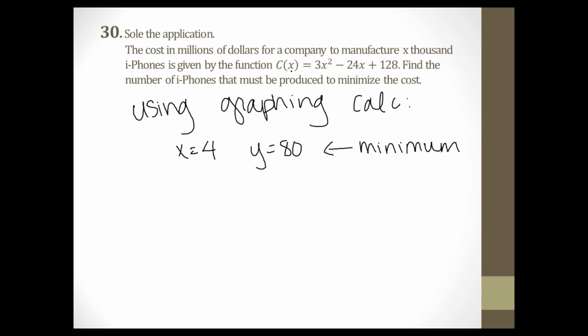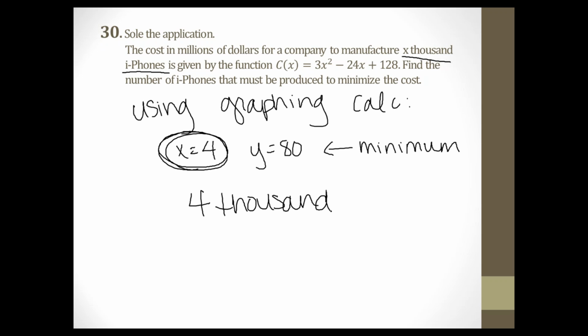The cost in millions of dollars, so the cost is your C of x or your y, for a company to manufacture x thousand iPhones is given with this function. Find the number of iPhones. So x is the number of iPhones in thousands. So that tells us that this is the number that we want, and it's in thousands, so it's 4,000 iPhones.